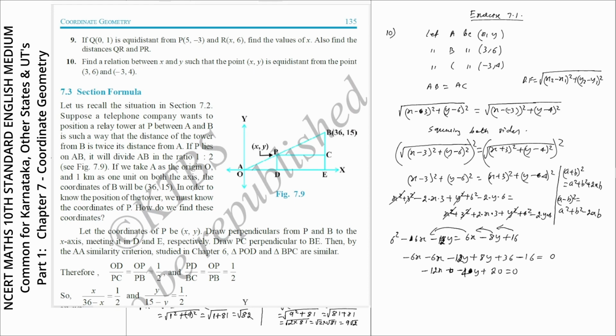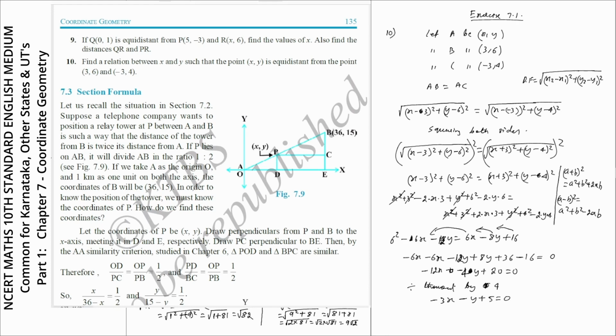So now I will divide throughout by 4. I will get minus 3x minus y plus 5 is equal to 0.